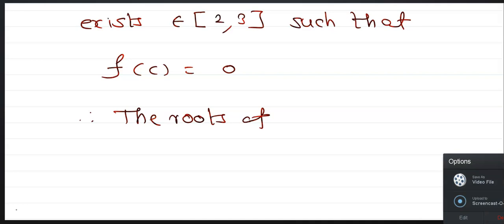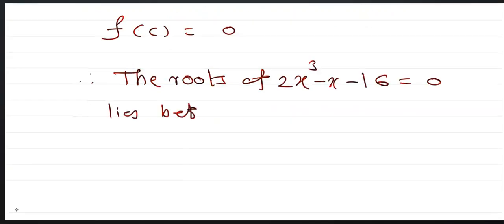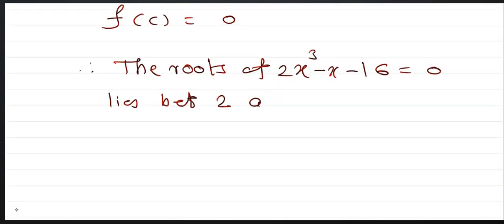This statement we have to write. There exists a C belongs to the closed interval 2 and 3 such that f of C is equal to 0. This is the intermediate value theorem. The root of 2x cube minus x minus 16 is equal to 0 lies between 2 and 3.